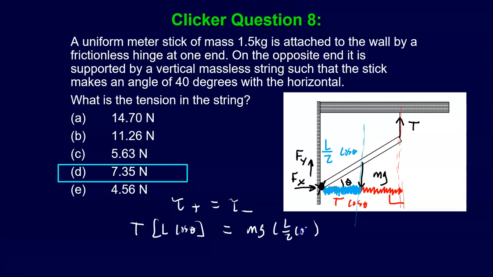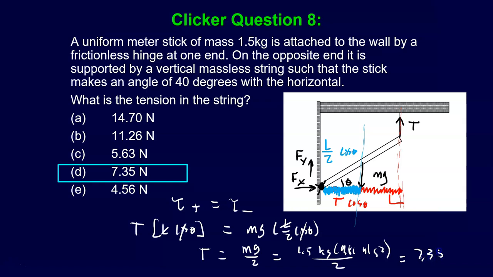What's nice here is that the cosine thetas cancel, and then the L's cancel. It makes our life a little bit easier. When we're all done, we get T equals mg divided by 2, so that's 1.5 kilograms times 9.81 meters per second squared divided by 2, and I got 7.35 newtons.